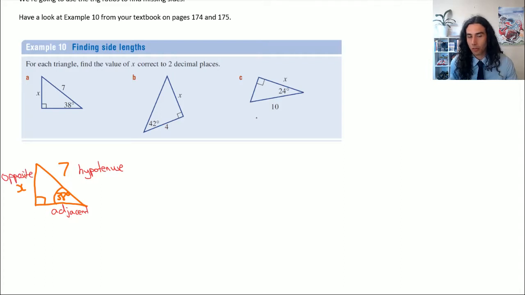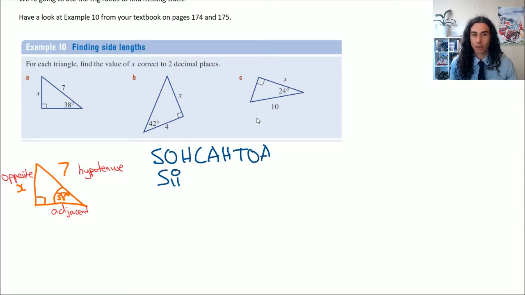So in order to find x, we're going to use one of sine, cos, or tan. So we've got SOHCAHTOA. You can write it like this, or you can write it like this. SOHCAHTOA.